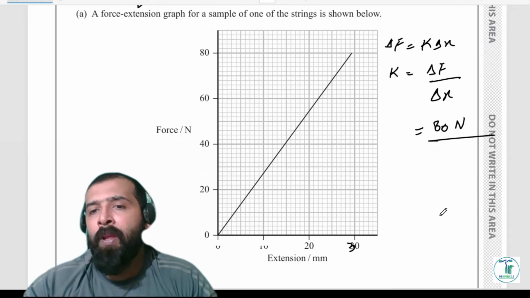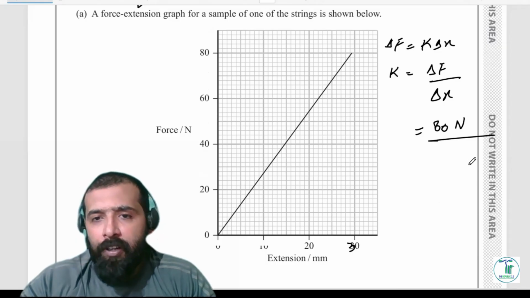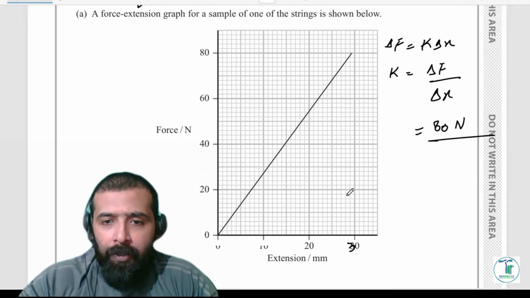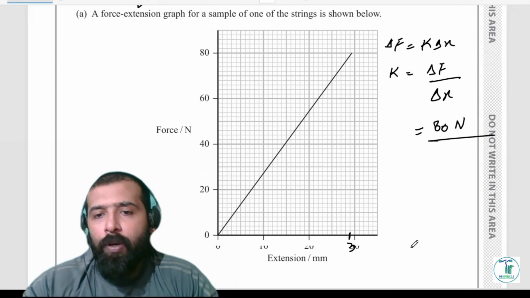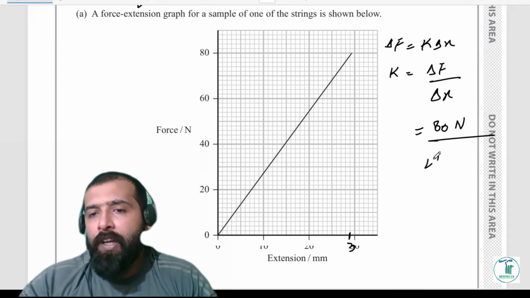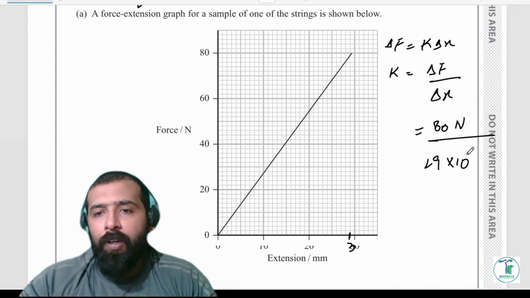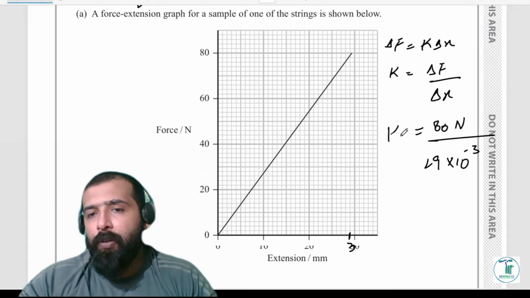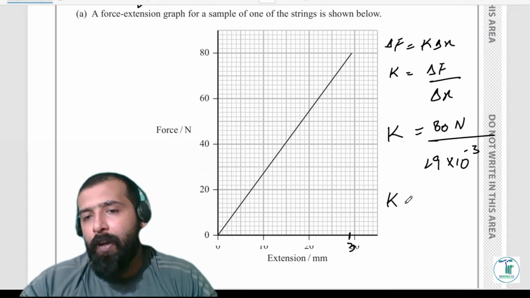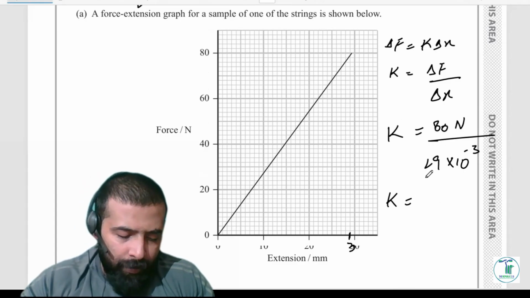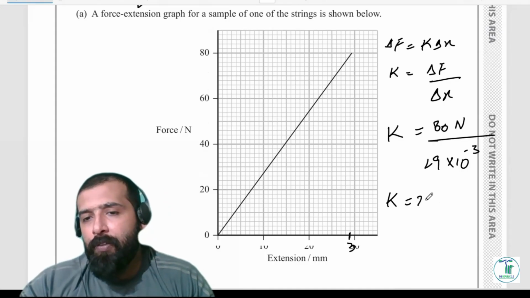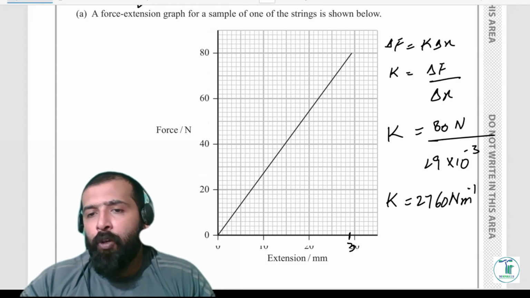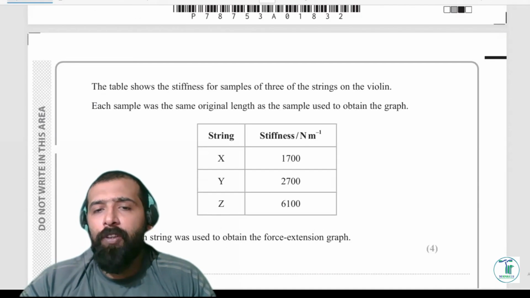Not 30 exactly, that has to be something like 29, so 29 times 10 raised to the power of -3. By dividing them up, you'll get the value of K, and that comes out to be something like 2760 newtons per meter.